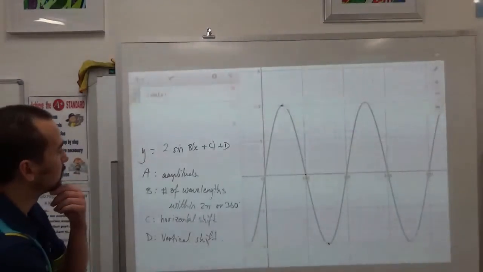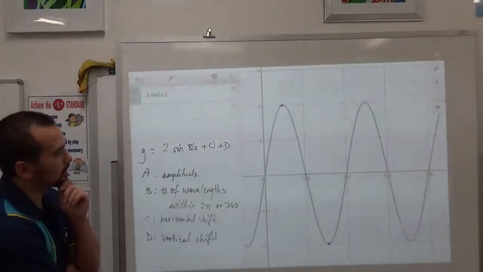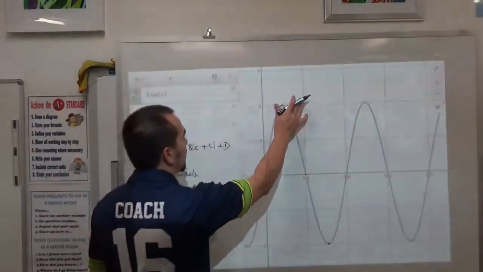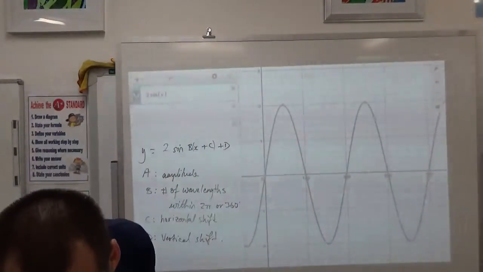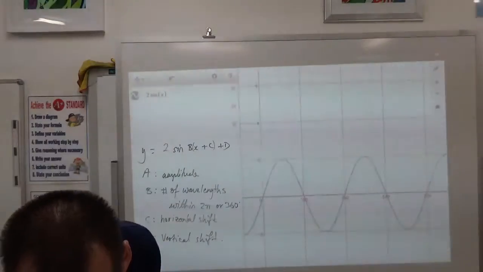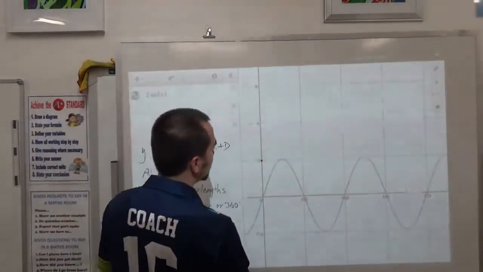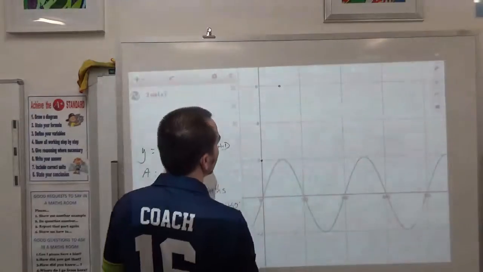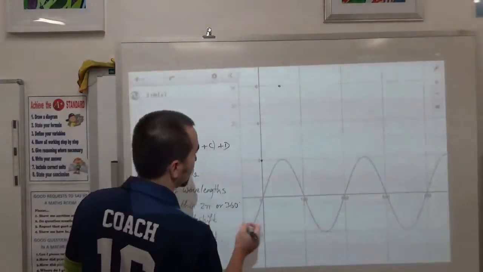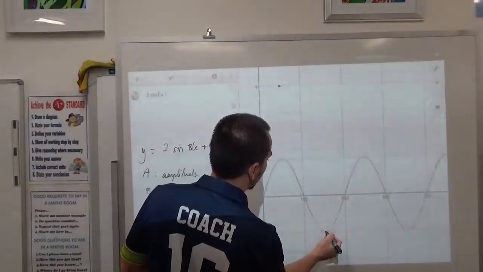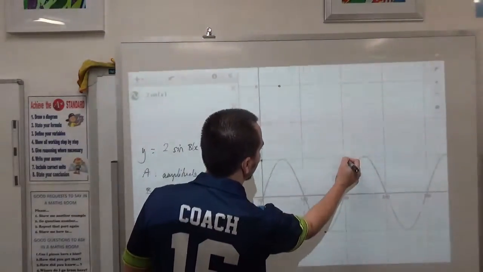And that is true. Okay, now let's say I want a sine graph that starts here, goes to there, and goes through here and here.